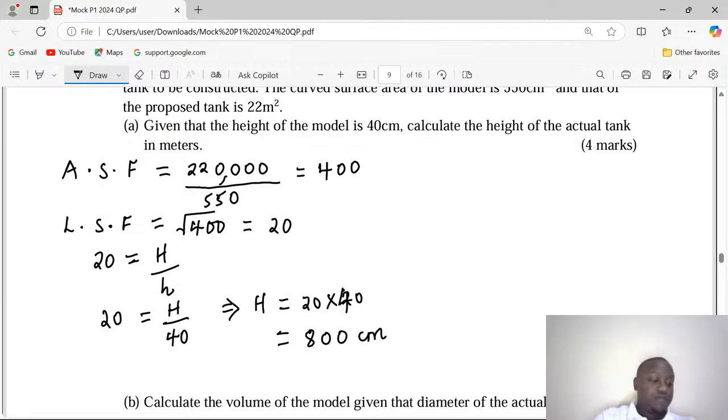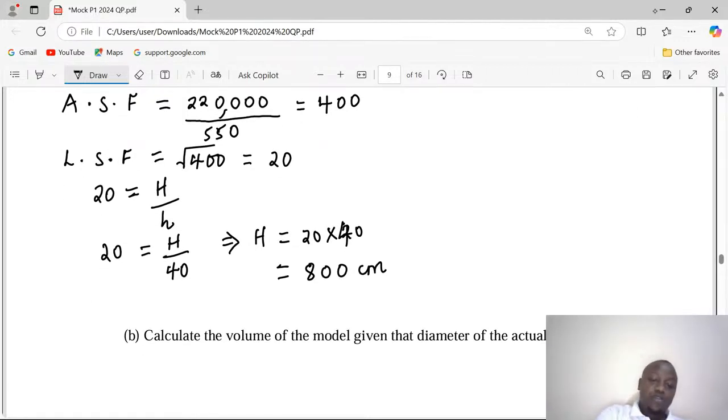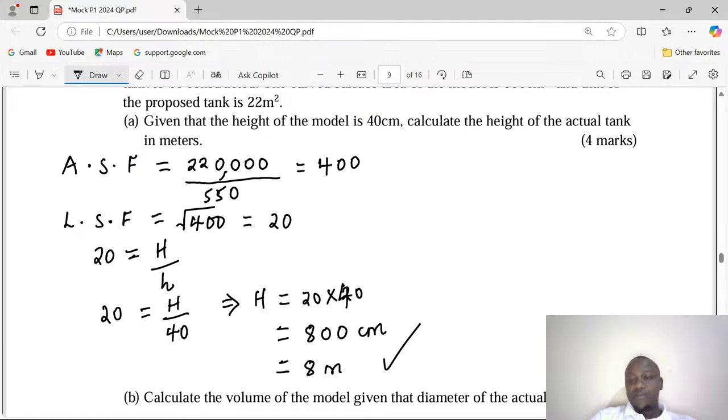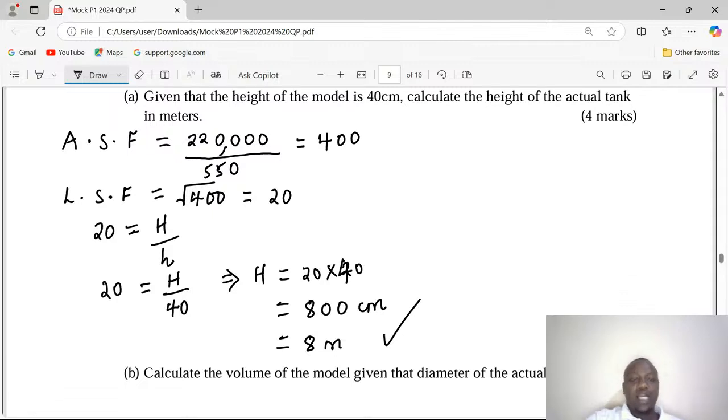But the question is very specific. We are told to calculate the height of the actual tank in meters. So we convert this to meters by dividing by 100, and this will be 8 meters. So 8 meters is the height of the actual tank to be made.